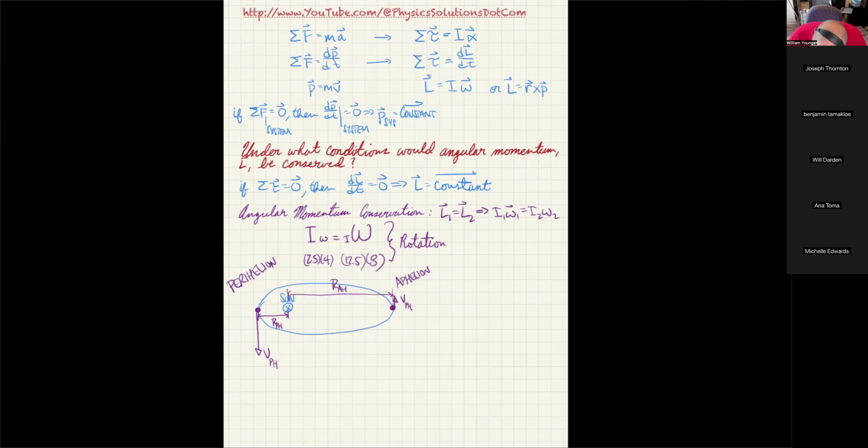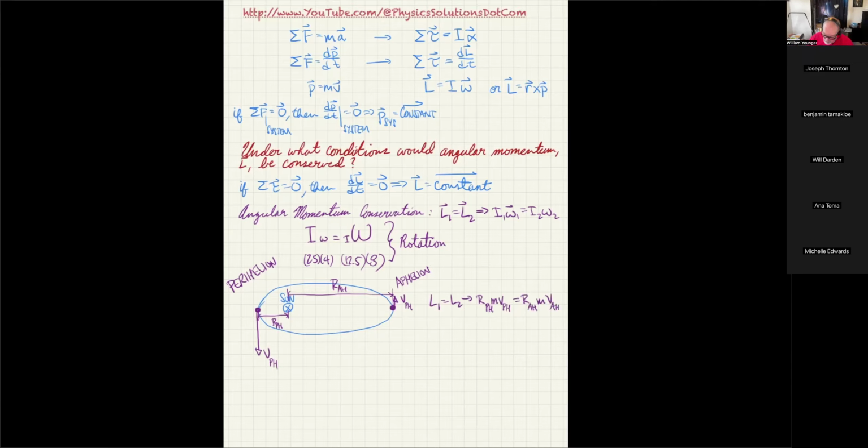So angular momentum L1 equals L2 is going to give us basically r perihelion times m times v perihelion is equal to r aphelion times m times v aphelion.